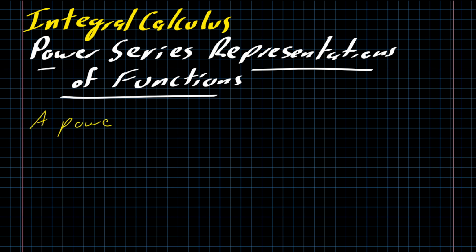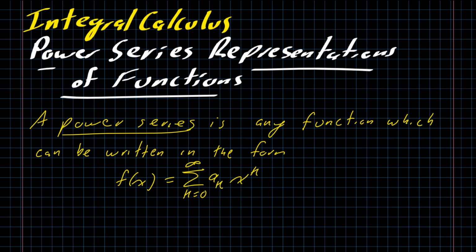A power series is any function which can be written in the form f of x is the sum, k goes from 0 to infinity, of a_k x to the k. And if you start writing out the first couple of terms of a power series, we can see that approximately this is going to be, well, when k is 0, we'll have a sub 0 times x to the 0, but x to the 0 is just 1. We don't have to bother writing that down.